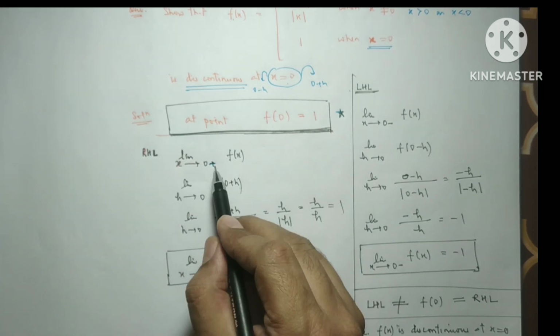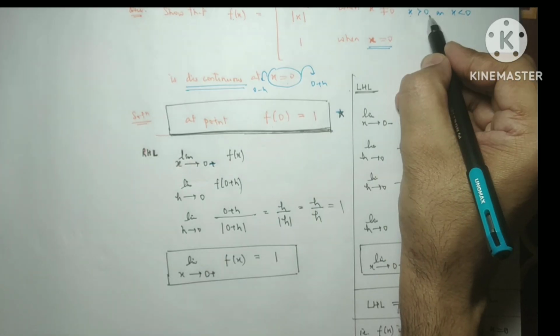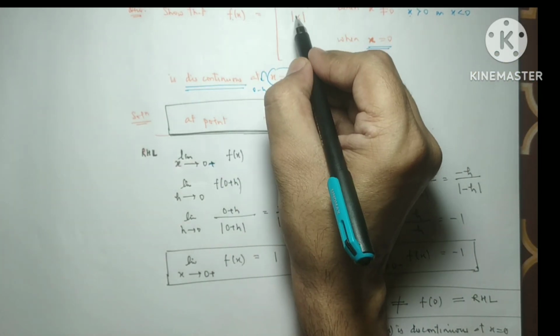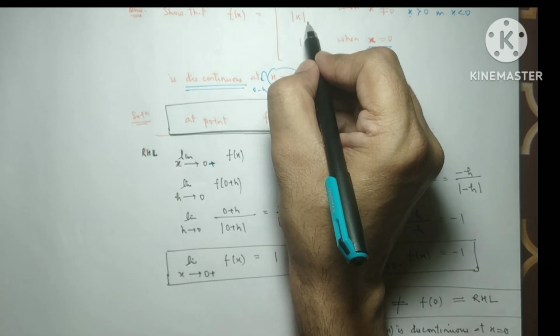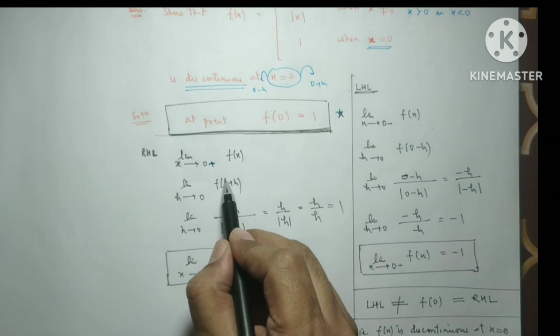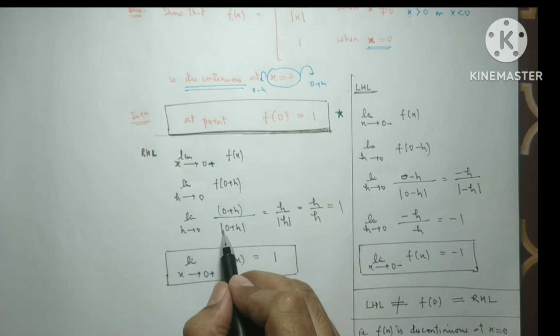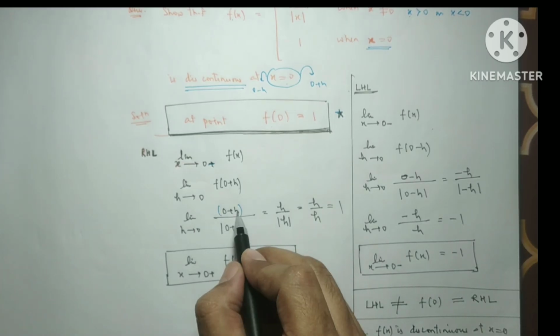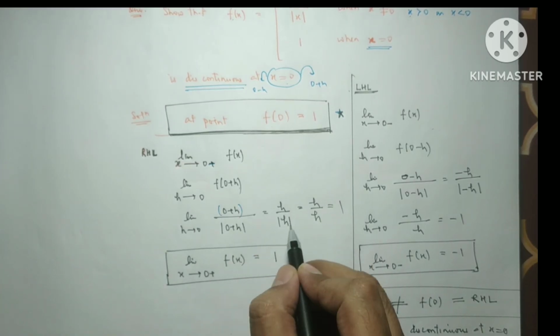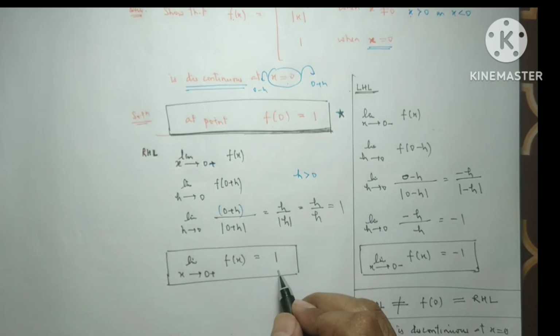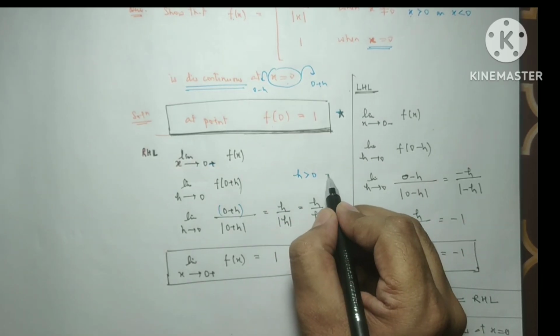This is 0 plus, meaning x greater than 0, so the definition will be x over modulus of x. So x is 0 plus h, and modulus of 0 plus h. So we get h and the mod of h, and h is a positive value, a very small positive value.